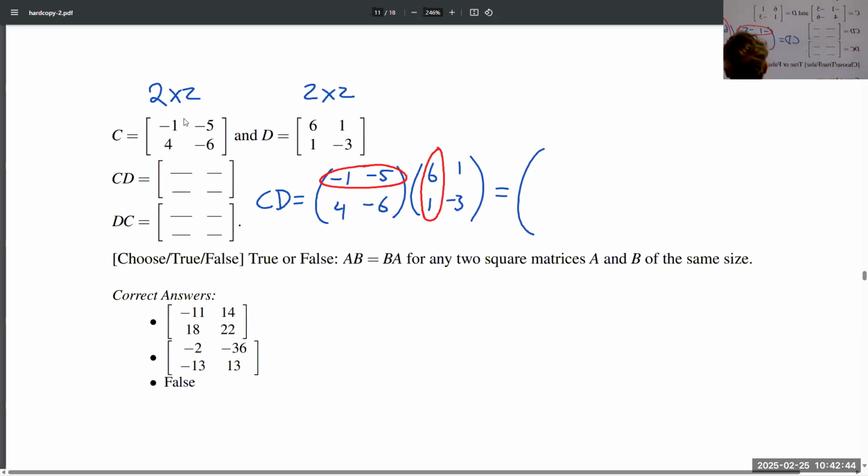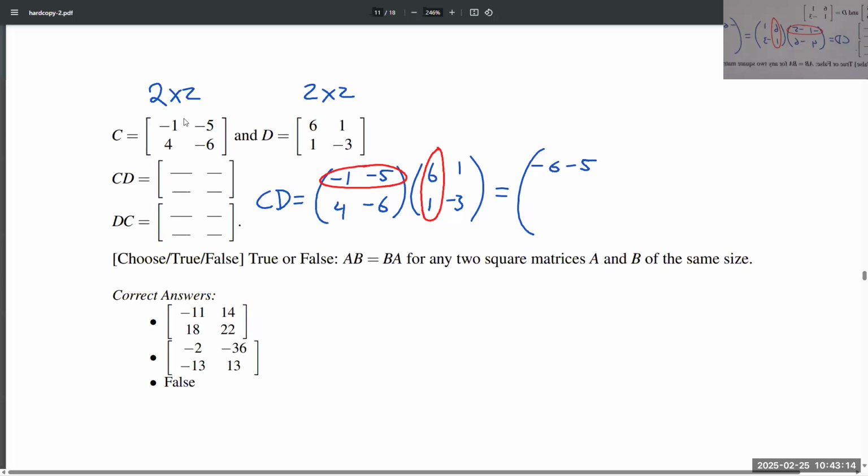So for instance, -1, this is the part where I start pointing at things. -1 times 6 is -6, and then -5 times 1 is -5. So that's first row, first column. We're going to put that together and find that it's -11.